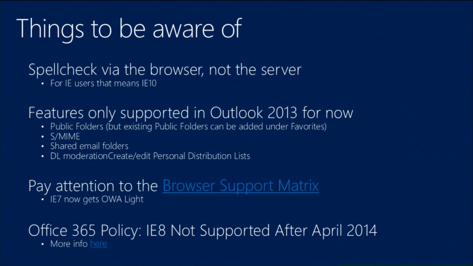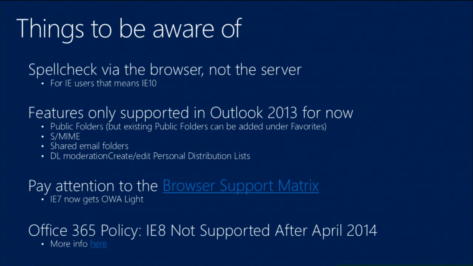There are also some features that you had in OA 2010 that are currently not supported in OA 2013. Some of them we're actively looking at, and you can expect that some of them will be available in some future version of OA 2013, but they are not available right now. S-MIME, the ability to send and receive S-MIME encrypted emails, for example, is something that a lot of people need.